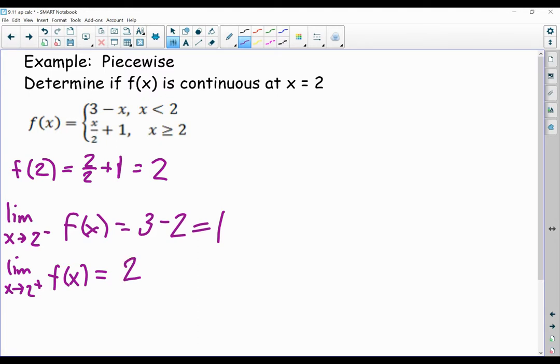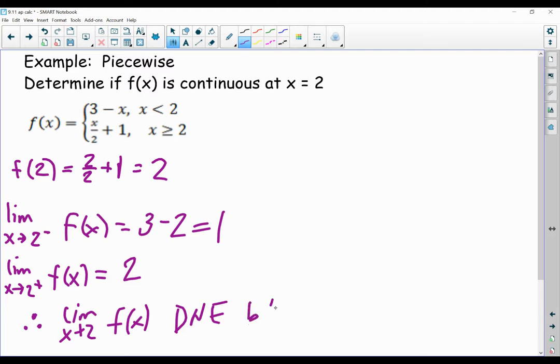Now, I'm going to look, does the left limit equal the right limit? If the answer is yes, then the limit exists. If the answer is no, then the limit does not exist. So I'm going to say, therefore, which you can use 3 dots if you're feeling fancy, the limit as x approaches 2 of f of x does not exist.